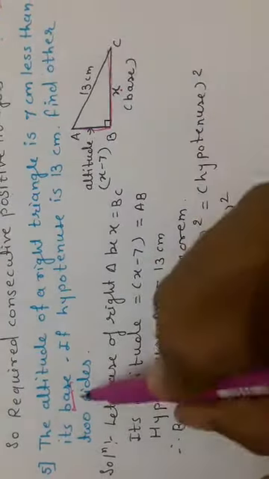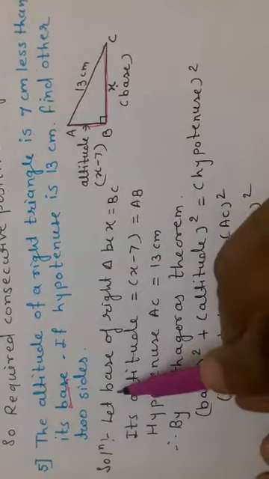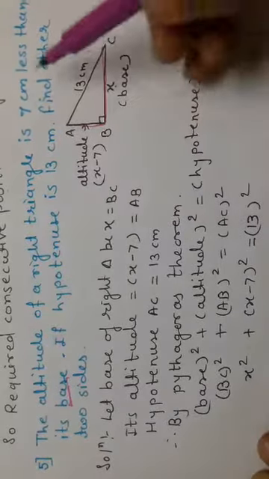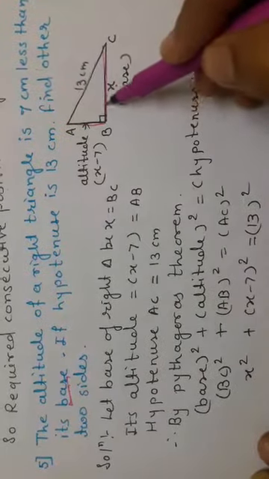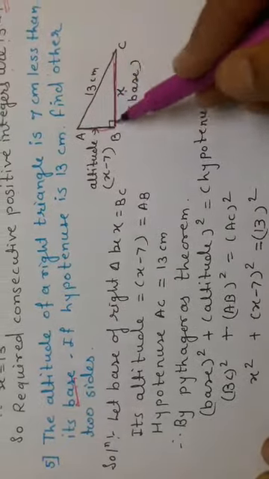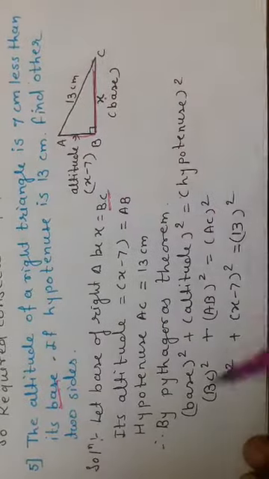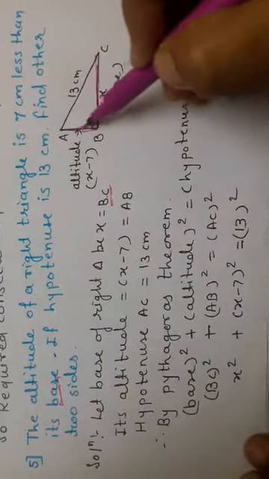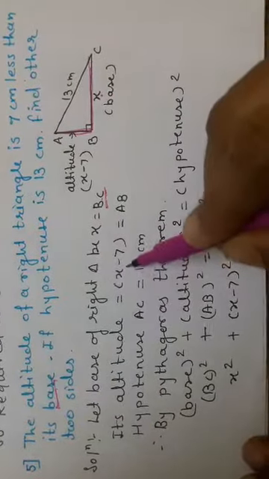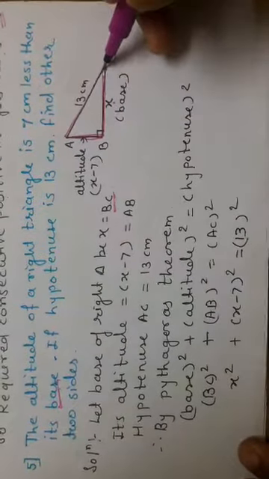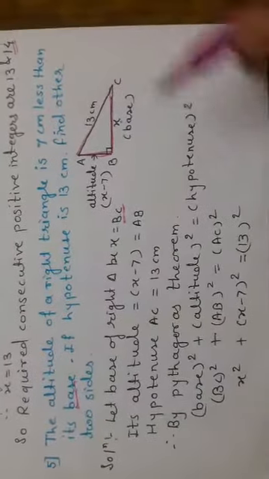So let the base of the right triangle be x centimeters, and in the figure we have given the name ABC, so the base is BC. So BC we consider as x, and its altitude AB we take as x minus 7. And the hypotenuse given in the problem is 13 centimeters, so AC is equal to 13.